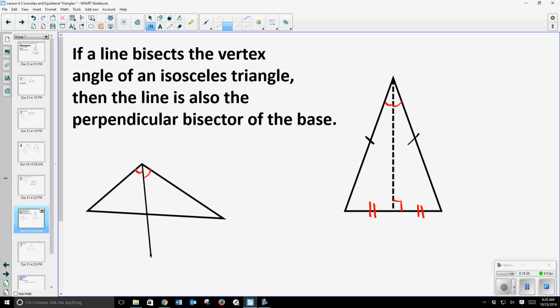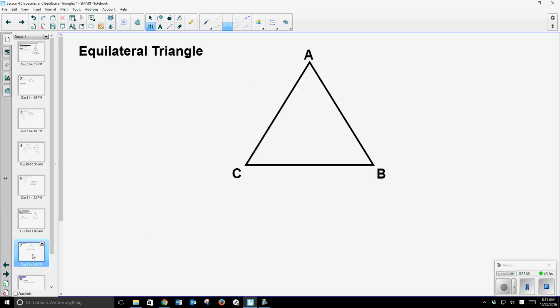So that angle bisector is also a perpendicular bisector. You would need to know this. If you have an expression here and here, you would set them equal to each other to solve for x, or maybe you have an expression for this angle. What if this said 2x plus 20? What's the value of x? Set it equal to 90 because it's a 90-degree angle. Stuff like that is what you would do with a problem that involves that theorem.